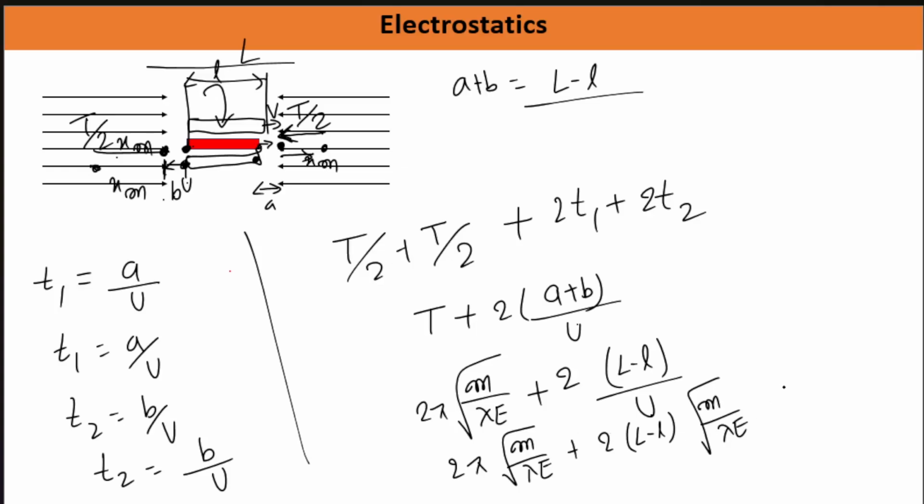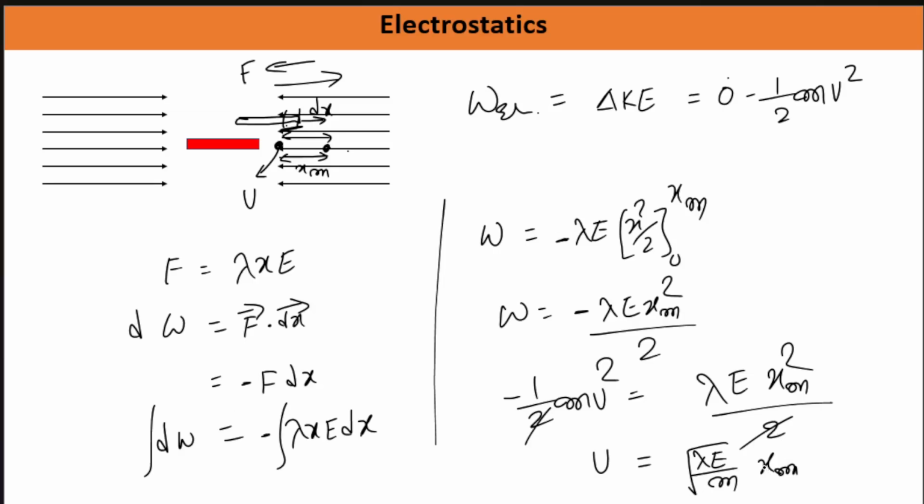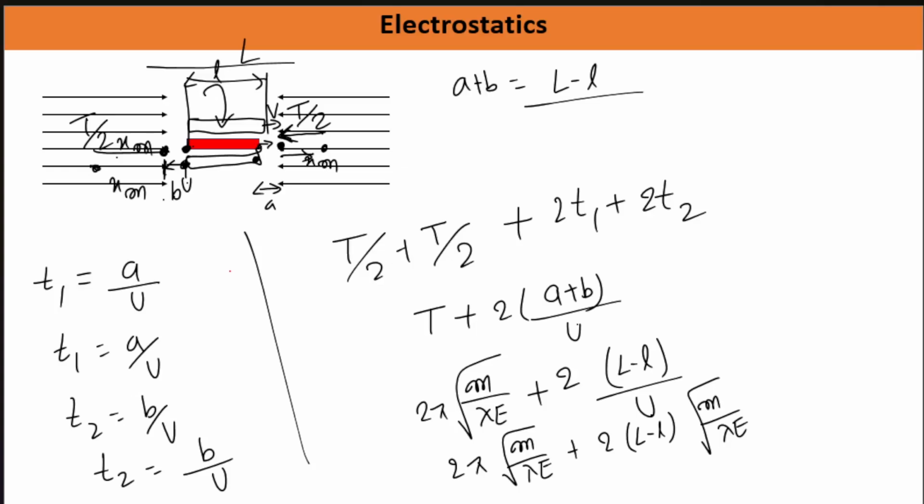Let us put that. Okay, let us see again. I couldn't see properly. Where was xm? Xm is over here, right? So u square is lambda e by m, and there is xm. Okay, let us put it here and then get the answer.